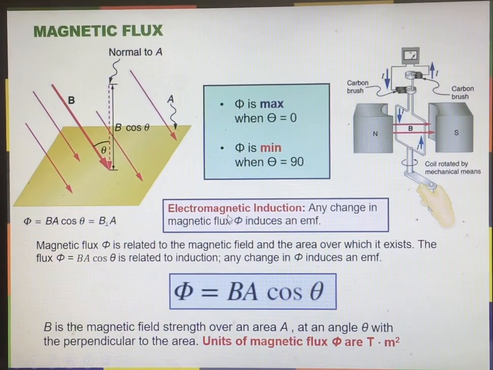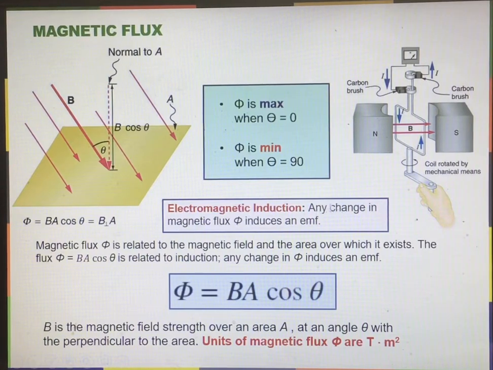Now, the principle of electromagnetic induction simply says that any change in the magnetic flux is going to induce an electromotive force. So the flux is given by this equation here, and I just want to mention that the units of the magnetic flux is Teslas meter square.